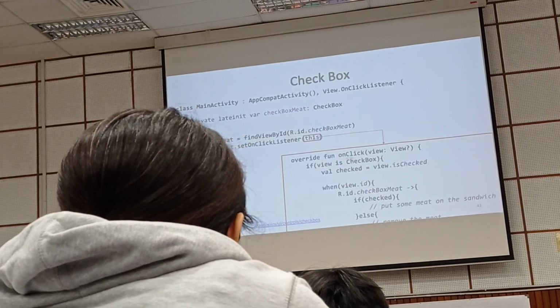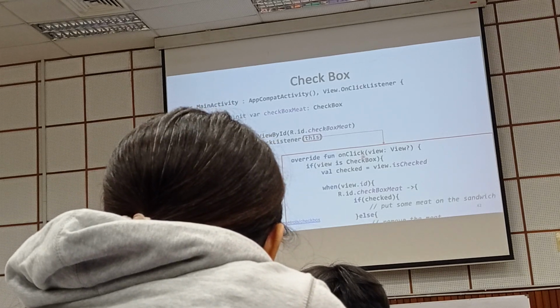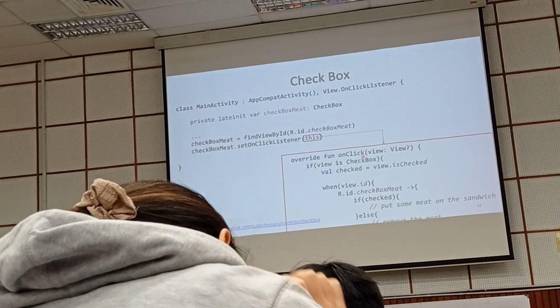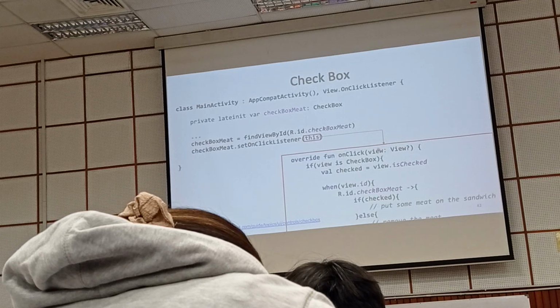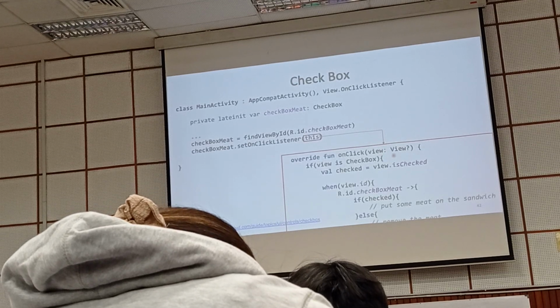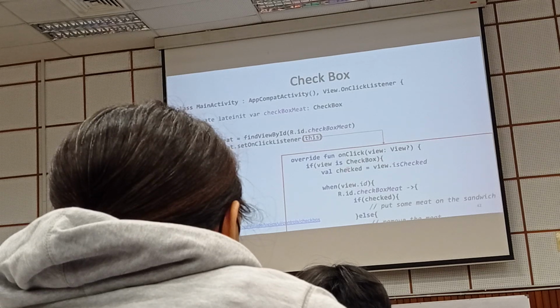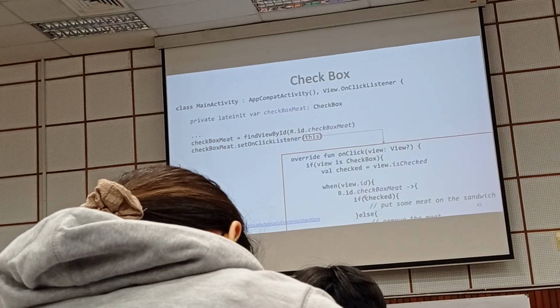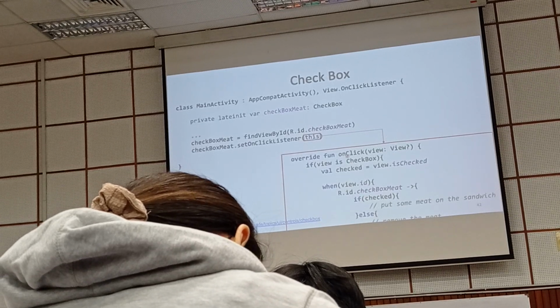This method onClick will respond to anything you click on the screen. Be it a button, a checkbox, a radio button, anything you click, this method will run and then check: is the view a checkbox or not? If yes, then we do something. That is for checkbox.